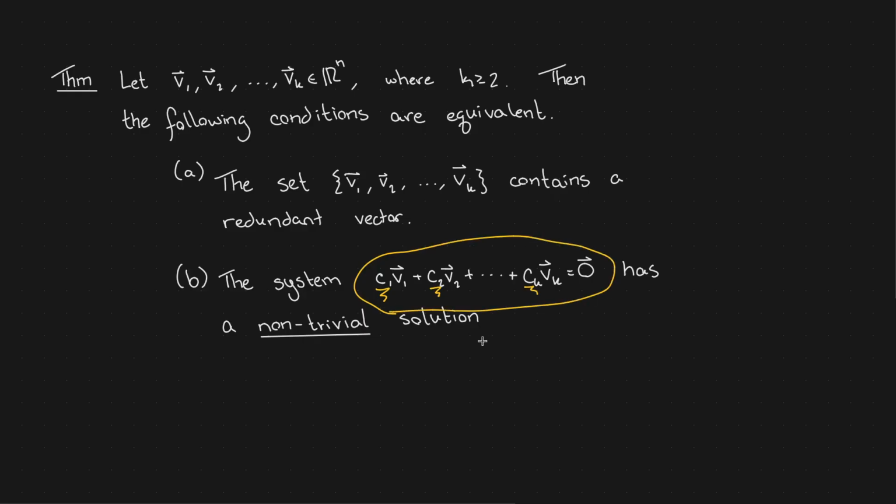We could choose all the c's to be the scalar 0, and then this equation would be true. That's called the trivial solution. Because it's trivial, it's obvious, it's easy. Clearly this has that one solution, so that's trivial. We're interested in, are there any other solutions? Any solutions where not all of these constant scalars are 0? That would be a non-trivial solution.